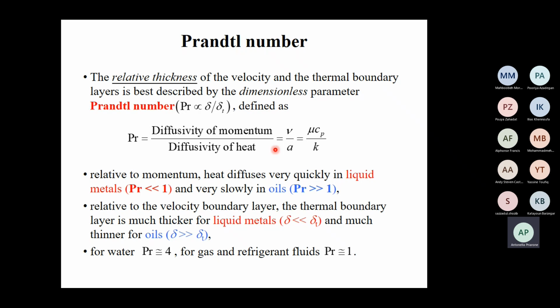For us, that now know the definition of the thickness of a velocity boundary layer delta and the thickness of a thermal boundary layer delta T, the Prandtl number is proportional to the ratio between delta and delta T.